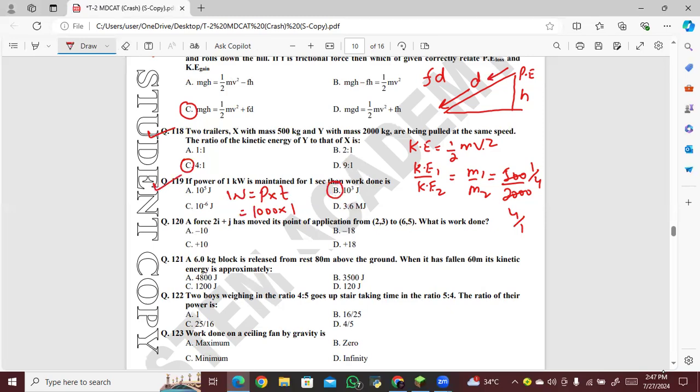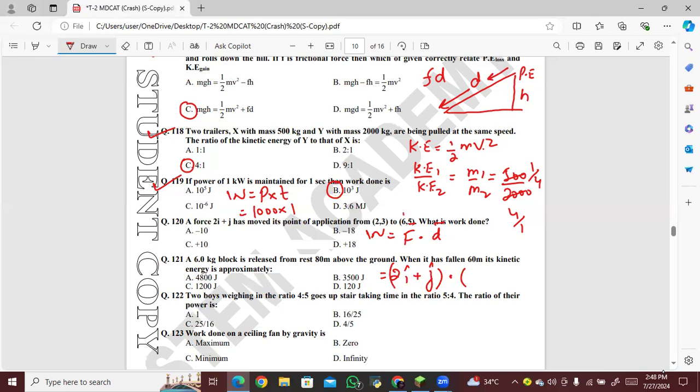A force of 2i plus j has moved a point of application. Find the work done. The work done is F dot D. The force is 2i plus j, and now you have to take a dot product. You have to find the displacement. The body is moving from point 3,2 to 6,5.